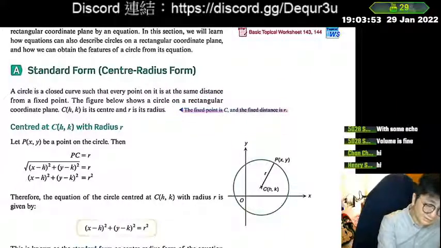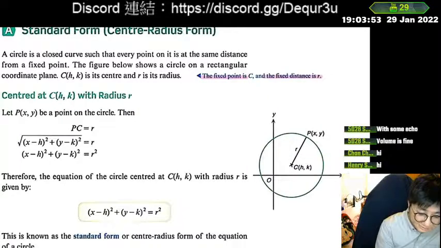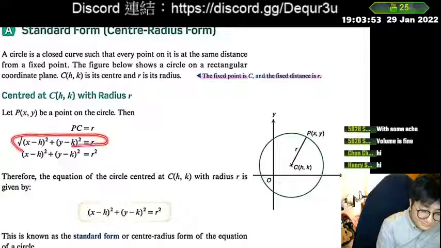For a circle we have a fixed distance of radius r from the fixed point (h, k). Therefore, any point (x, y) on the circle should satisfy that the distance from P to C is the same as the radius, and this r is fixed. So the distance from any point on the circle to the fixed center is fixed. Therefore, PC equals r.